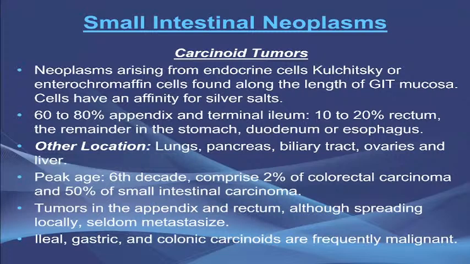So let's look at carcinoid tumors. These are tumors that arise from the endocrine cells of Kulchitsky, or enterochromaffin cells, found along the length of the GI mucosa.